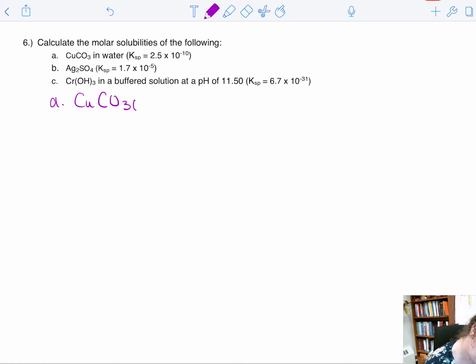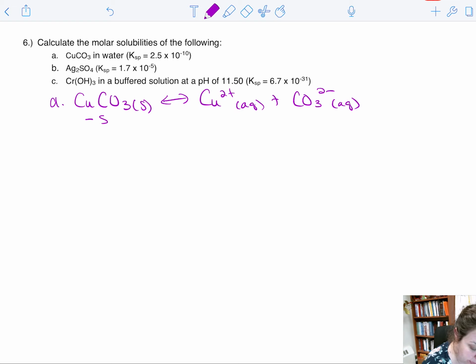When that dissolves, it produces copper 2 plus ions and carbonate ions. Whenever we dissolve an amount of copper 2 carbonate, we produce 1 mole of copper, 1 mole of carbonate.